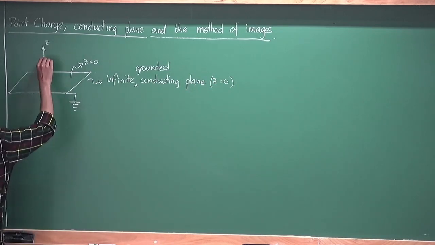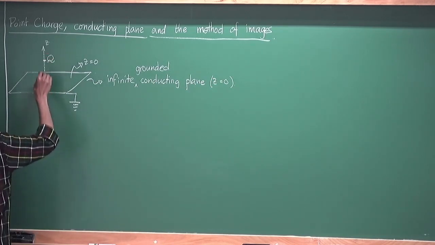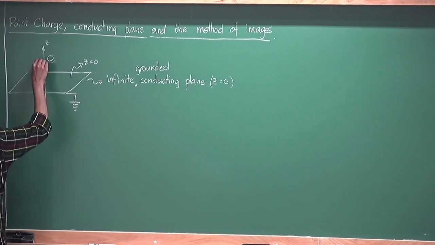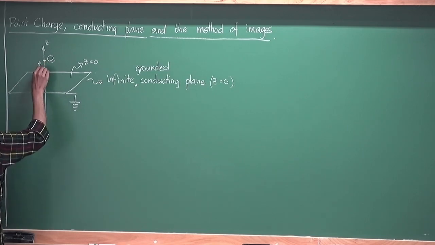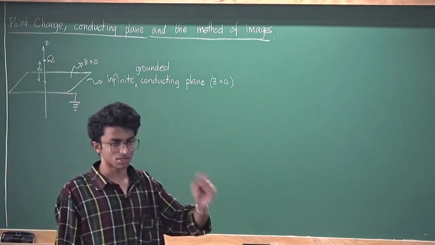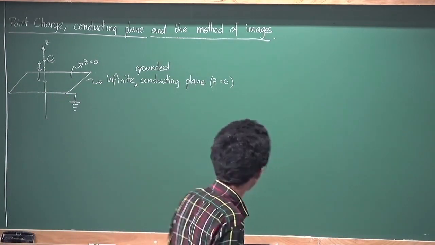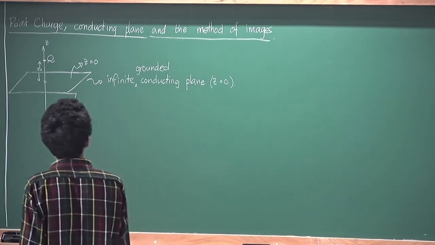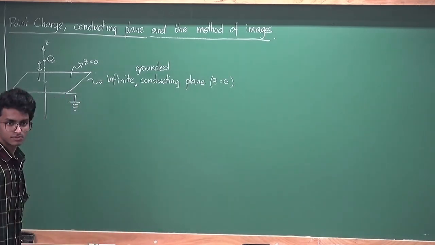And you put a point charge q at some distance, say z0. The point charge q is at (0, 0, z0) in Cartesian coordinates, okay? The question is, what is the potential everywhere, okay?